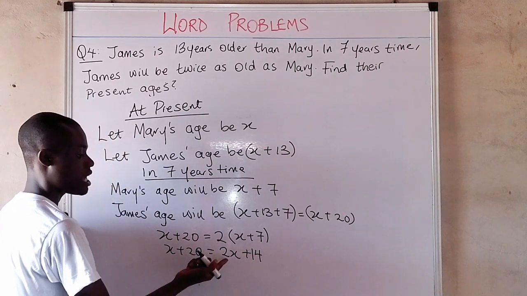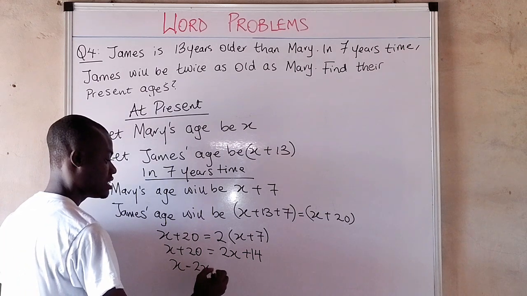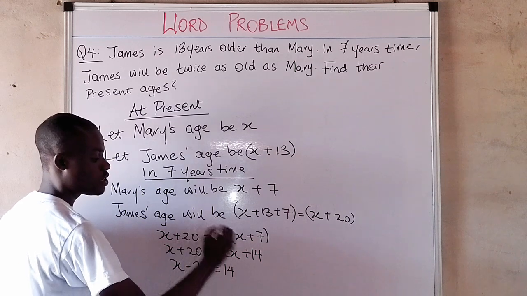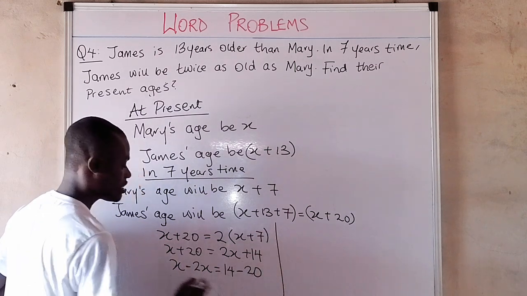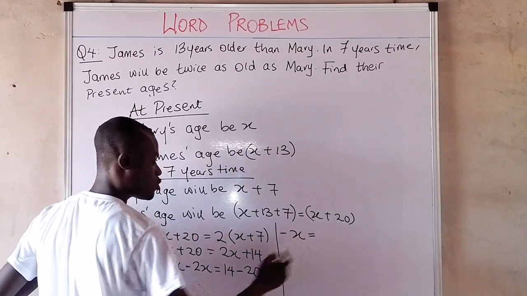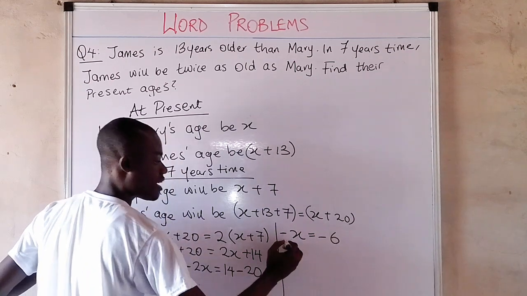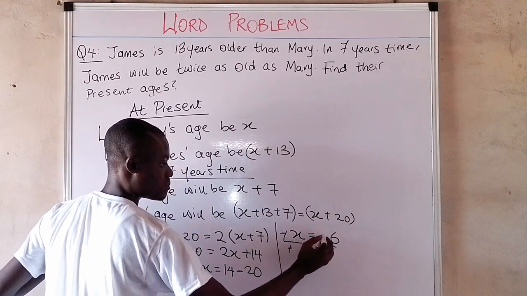Now to collect like terms, I'll take 2X to this side, so I have that X minus 2X is equal to, on this side I have 14. If I take plus 20 to the other side, it comes minus 20. So next we have X minus 2X is minus X is equal to 14 minus 20 is minus 6. So we'll divide both sides by minus; minus we take off minus.